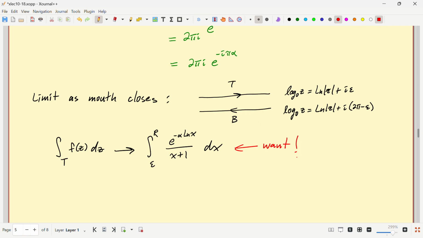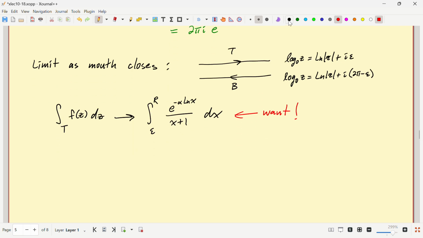Okay, and let's think about the bottom. As the bottom contour slides down to the real line, the integral on the bottom is going the other way.